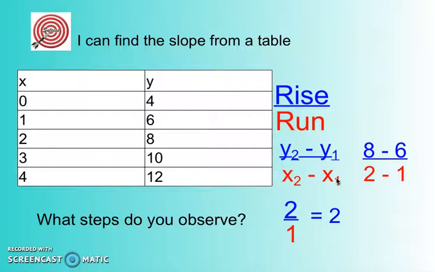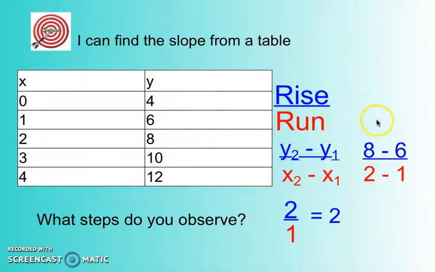And I notice that only two ordered pairs are used. So the 8 and the 6 come from right here, these two, and then the 2 and the 1 came from these x coordinates over here. So it looks like these are the two ordered pairs that are used, 1, 6 and 2, 8.